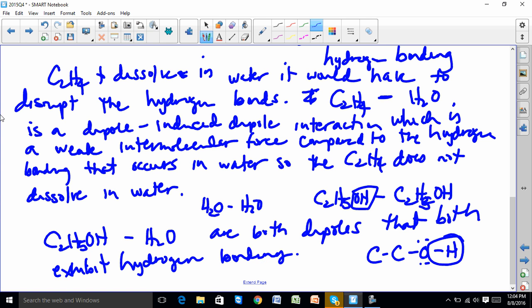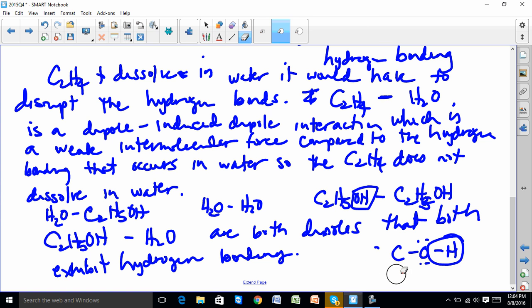And the weird part is that these are also going to interact, because this is two molecules that both are dipoles that exhibit hydrogen bonding. So is this, and so is this. And because of this interaction, you can disrupt this bond and introduce this bond because they're all roughly the same strength.